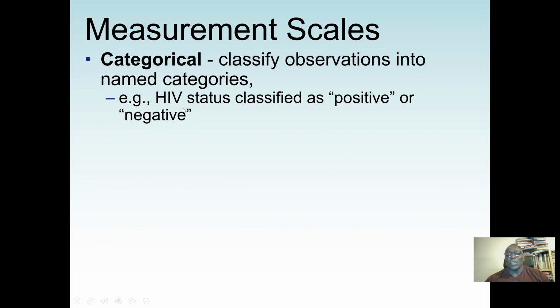So for example, HIV status classified as positive or negative. Here we can count how many positive we have, how many negative we have. But we can't say positive plus negative is positive. We cannot add or subtract. So in categorical, the only stat operation we can perform is mode, count.